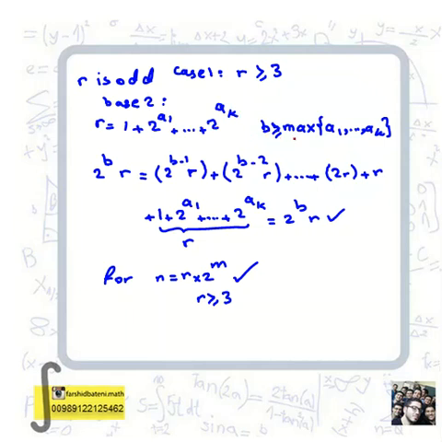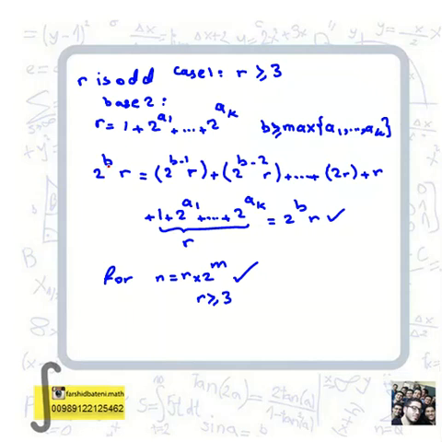We consider the maximum of a1 through ak, and a variable b that is greater or equal to this maximum. Like 7, we wrote 7 in base 2, 1 plus 2 plus 4, and we multiplied 4 and 7.